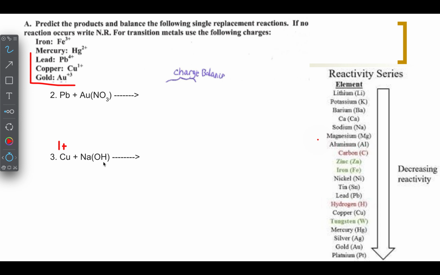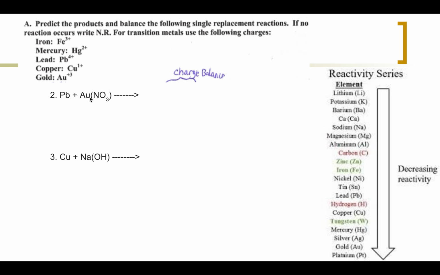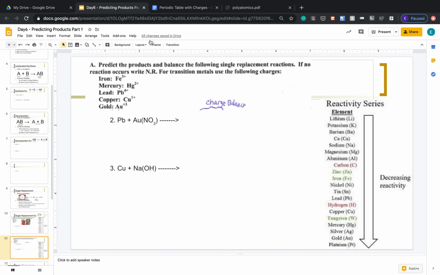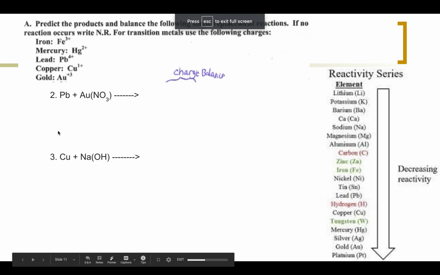Our NaOH. OH, remember, since it's in parentheses, we know that it is going to be a polyatomic ion. So we are going to turn this off for a second, jump to our polyatomics, go to OH. OH is negative, right? So we'll go back here. OH is a -1.